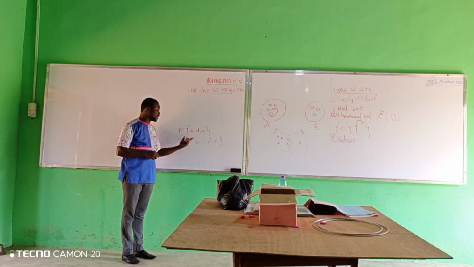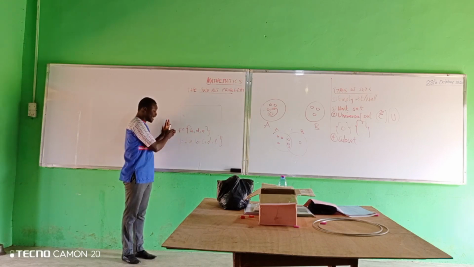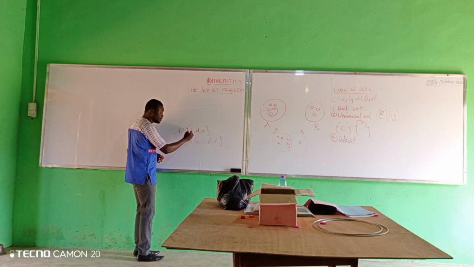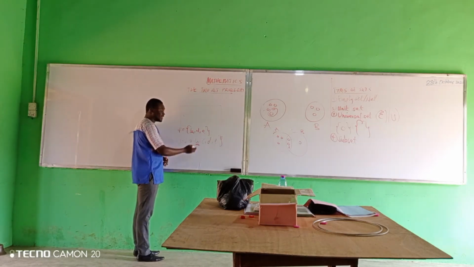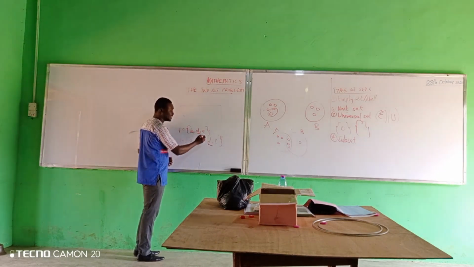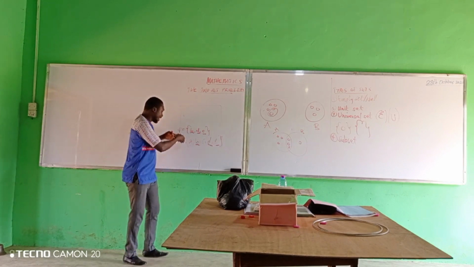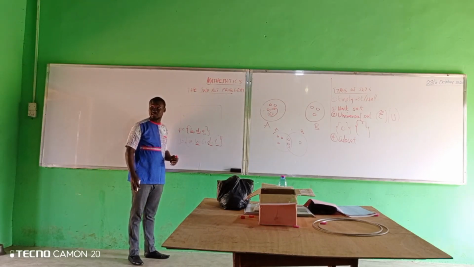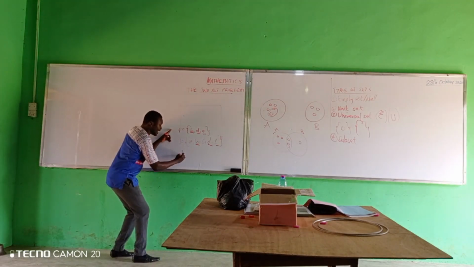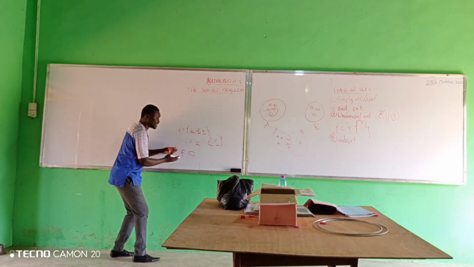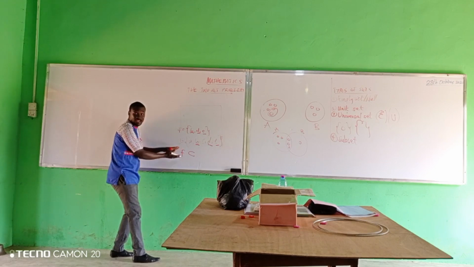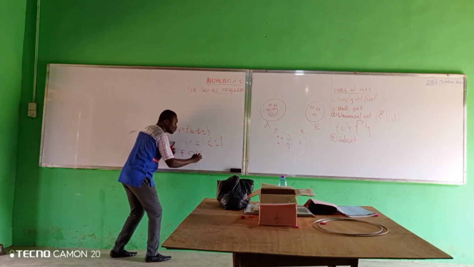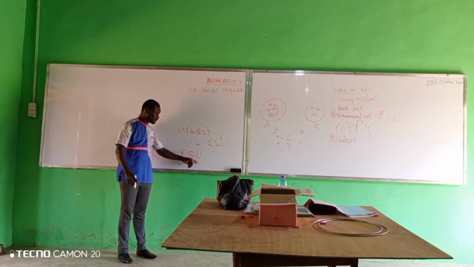Because all the members or elements of set F can be found in what? Set U. Let's look at it. We have B here, D, E. F is a subset of what? U. That's it.